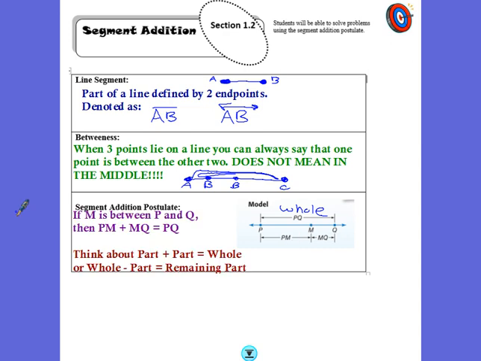Basically, it just says that PM plus MQ will equal PQ. I often refer to it as, part plus part equals whole. So this part here, PM, plus this part here, MQ, is equal to this whole thing.